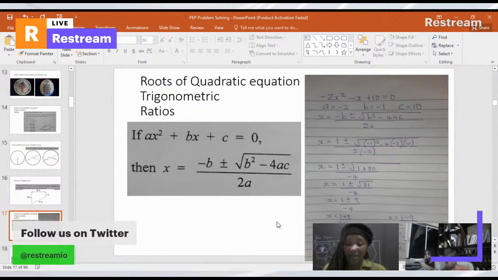We're going to add the 9 to the 1 and divide by negative 4, which gives negative 5 over 2. And we're going to subtract the 9 from the 1 and divide that by negative 4. All right, so we get positive 2 and negative 5 over 2.